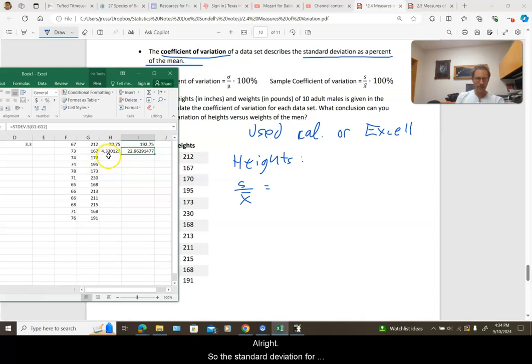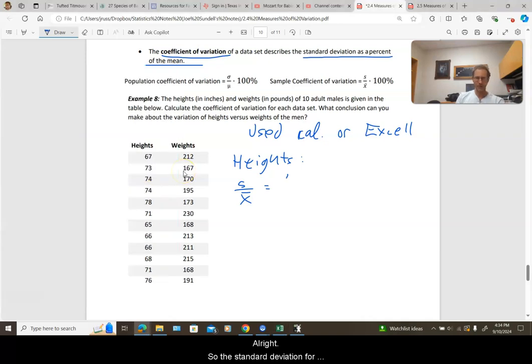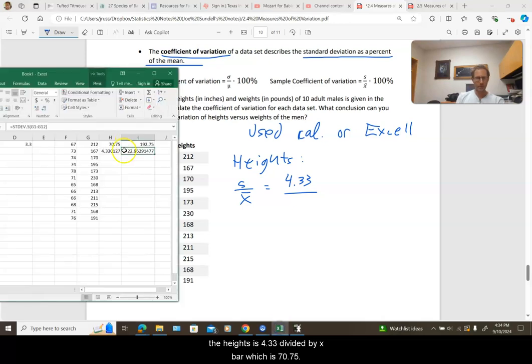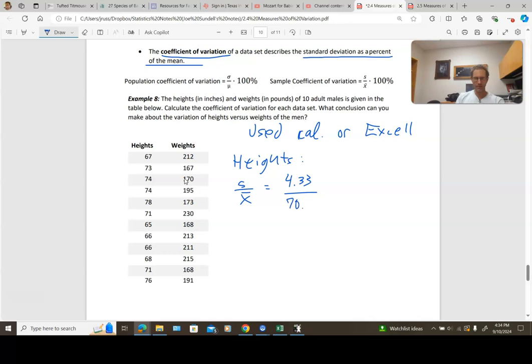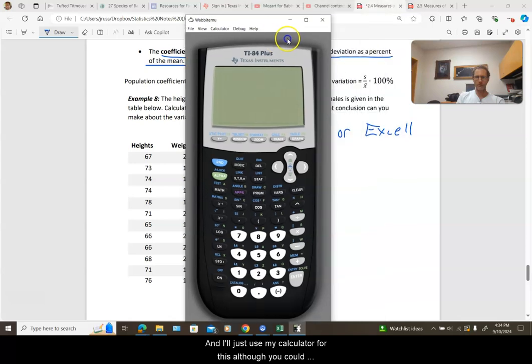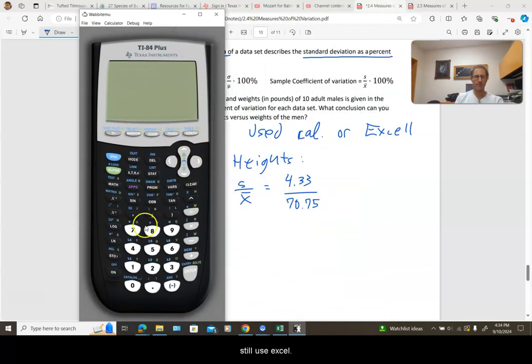So the standard deviation for the heights is 4.33 divided by X bar, which is 70.75. And I'll just use my calculator for this, although you could still use Excel.